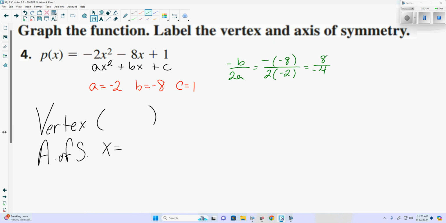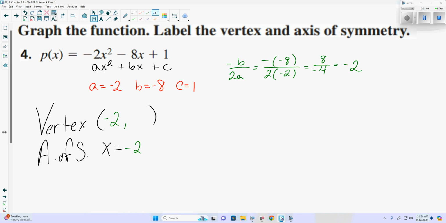And negative negative 8 is 8. And 8 divided by negative 4 is negative 2. So we have the x value of the vertex, and we have the equation of the axis of symmetry. So x equals negative 2.